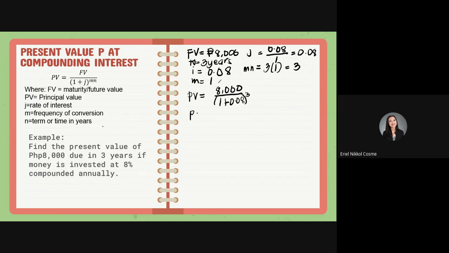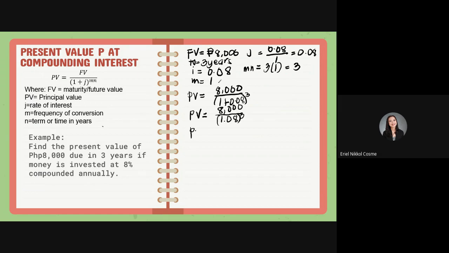So PV is equal to, simplifying first the parenthesis, 8,000 all over 1.08 raised to 3.